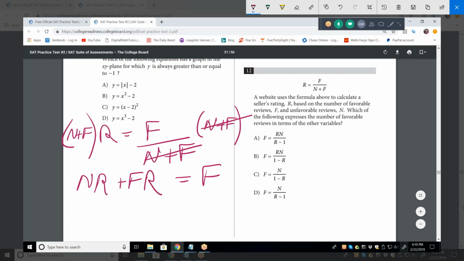Because now I do need to look at the problem and realize that they're trying to solve for f. I didn't really need to read the paragraph to know that, as all I needed to do was look at all 4 answers. They're all f equals something. So how do I solve this for f? Let's see. It's a little tricky.